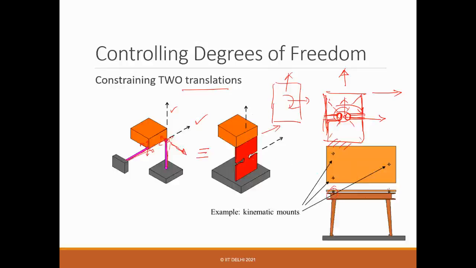And this you can use here at the three locations, and then you will get what? 2 plus 2, 2 in series. So a total of 6 constraints.